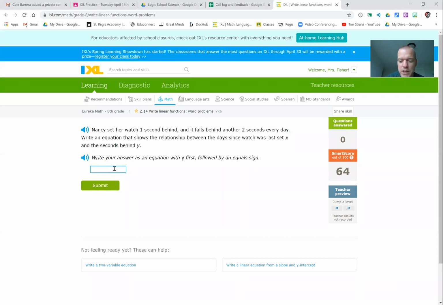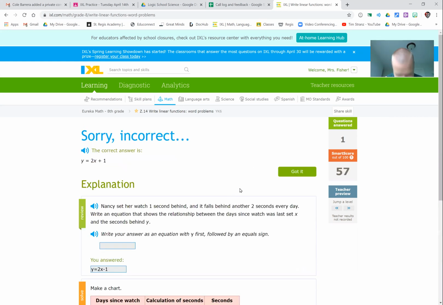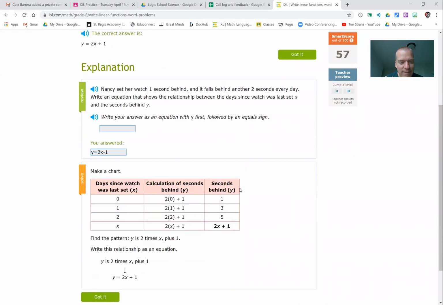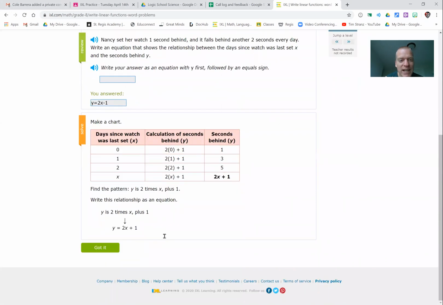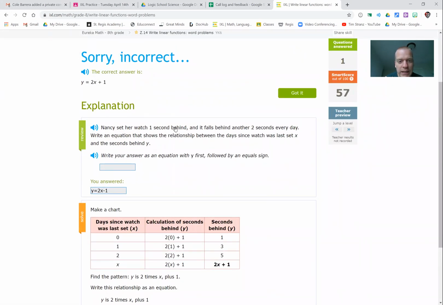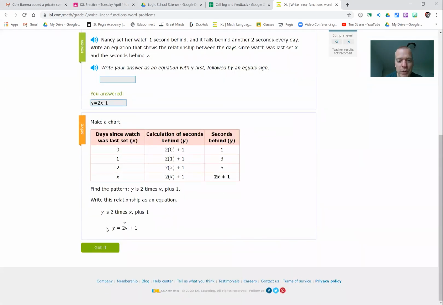I'm a little nervous. Y equals 2x minus 1. This could be wrong. Don't get mad at me. Okay, so it was plus 1. I got tricked on this word right here, behind, because I thought behind would be negative 1, but it's not. It just means an extra second. So it should have been y equals 2x plus 1, not negative 1.